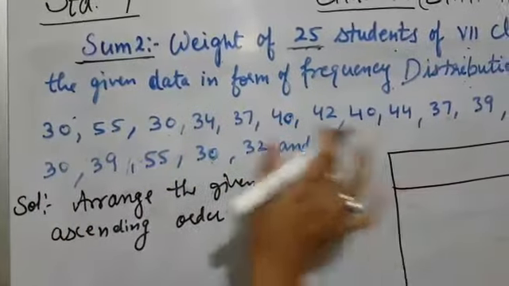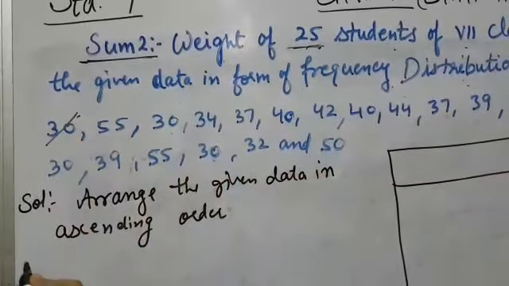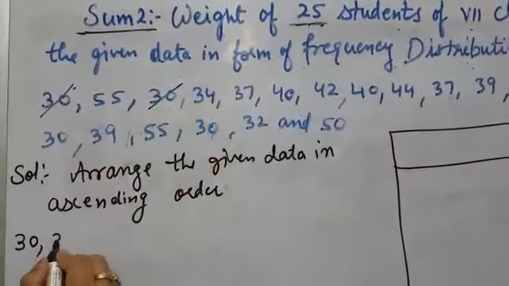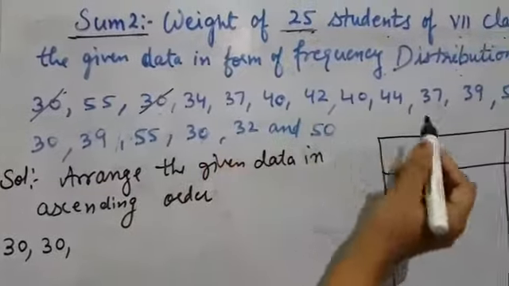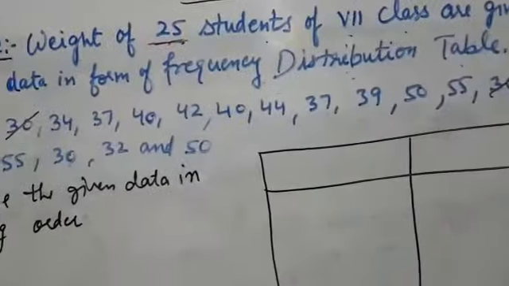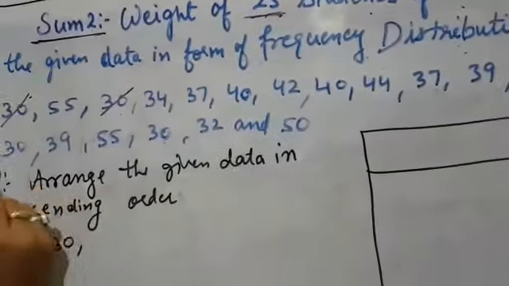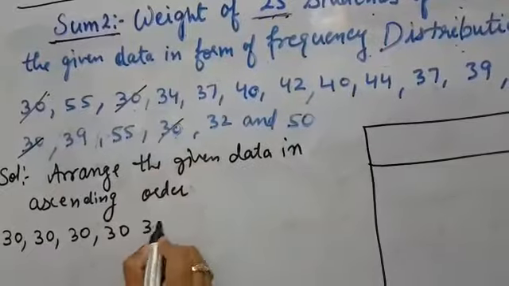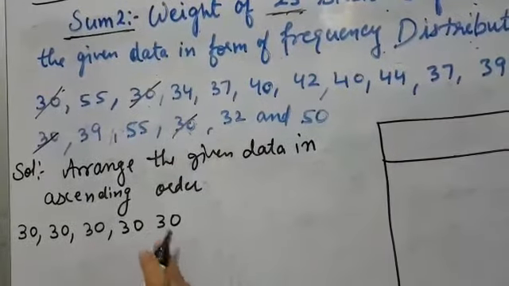From the data you can see the smallest number is 30. This 30 I have cut. You can count how many times 30 is there. Again 30, then another 30, then again 30. So 1, 2, 3, 4, 5: 30 occurs five times.